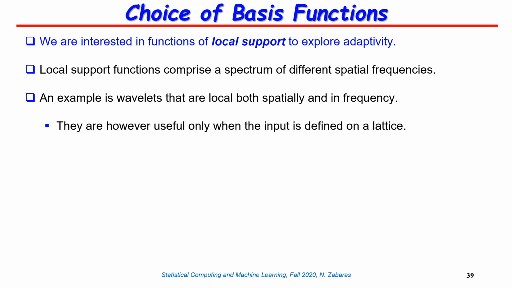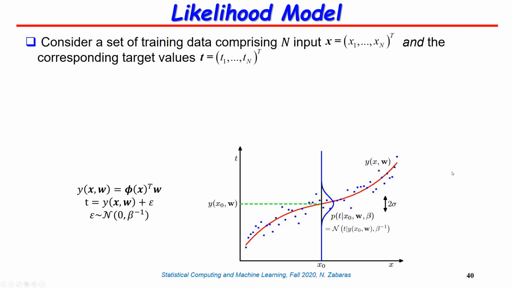There are lots of choices that you can use, right? This is not the right course to discuss this, but if you want to use wavelets, you can make them local both spatially and in the frequency domain. But Gaussians are very nice local support functions you can use, right? So all of them will work nicely.